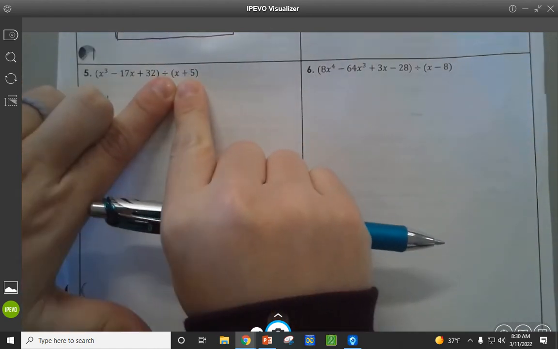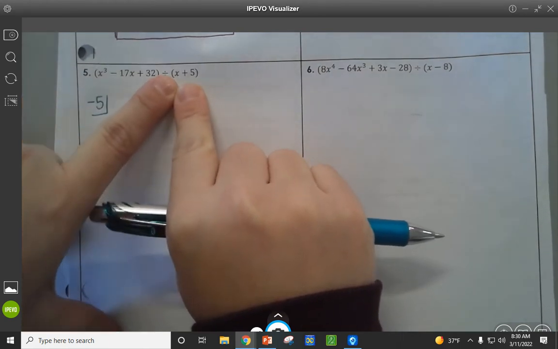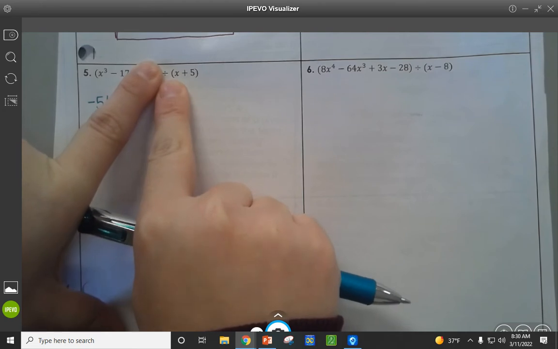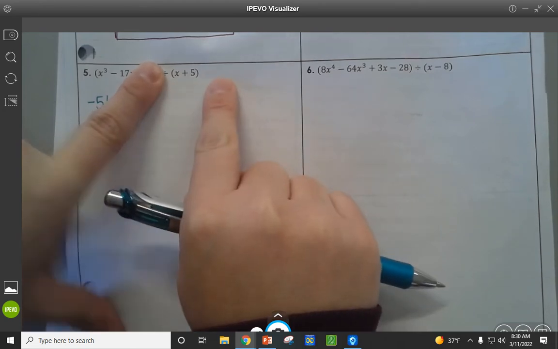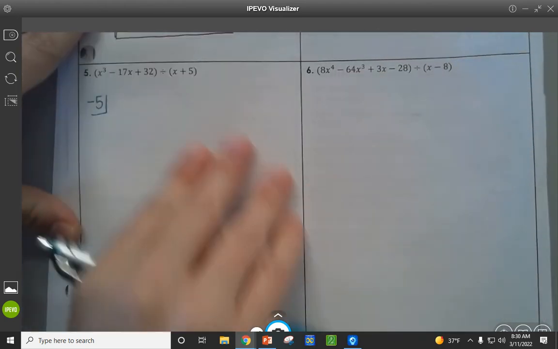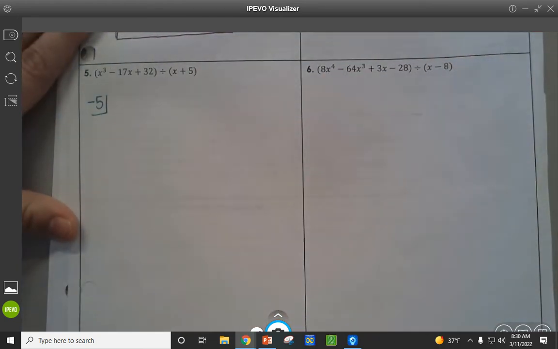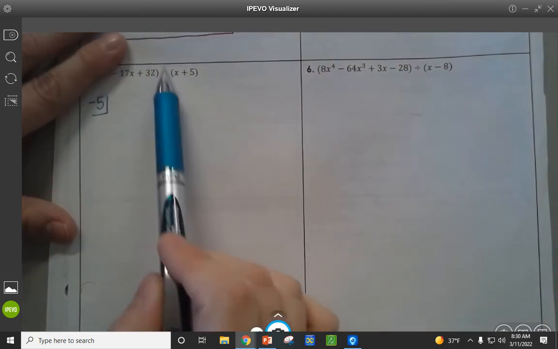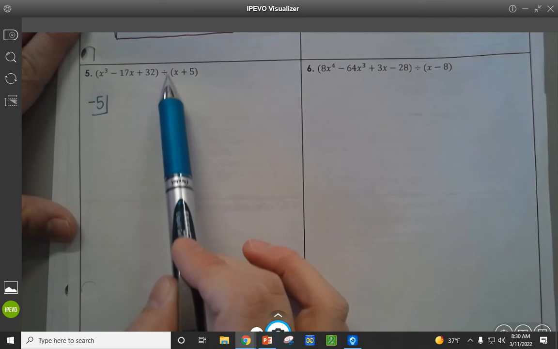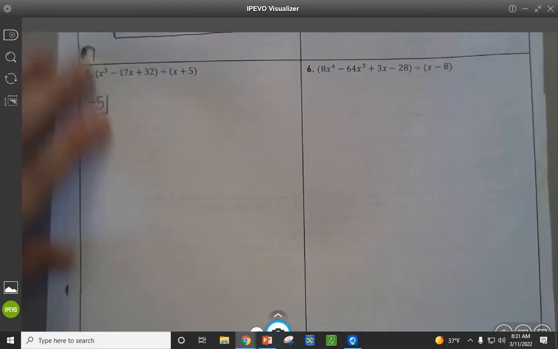You can't always just say, well, it's the opposite, because there could be an instance where you have something like 2x plus 5, and what you have in the box would be a fraction. You probably won't see any of those examples now, but that is a possibility. So I don't want you to always assume that it is just the opposite, because if there's a number there, it's really not.